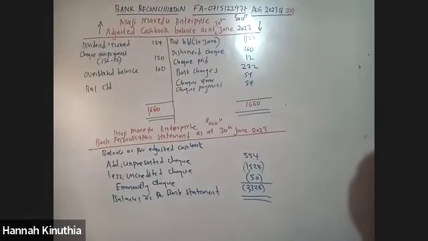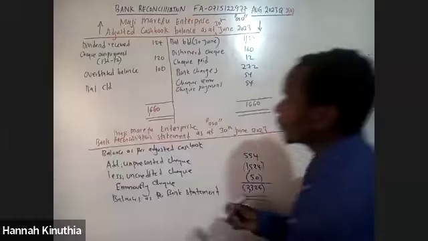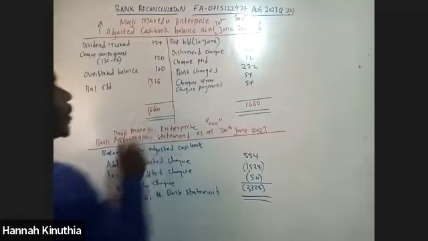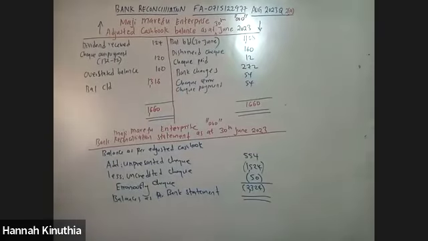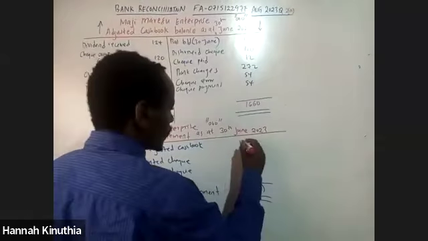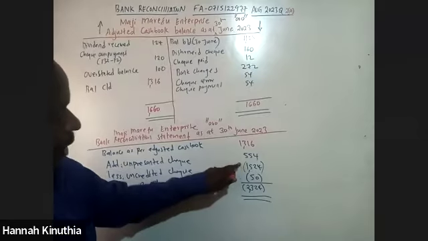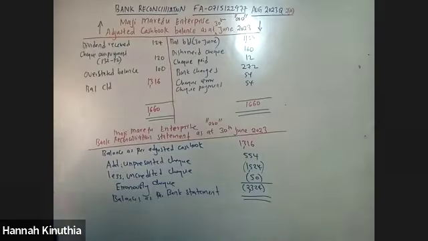Thirteen 16. 1316. Yeah, 1316. Na ukiweka hapa 1316. 1316 plus 554 minus 1524 minus 50. Unapata 2324.